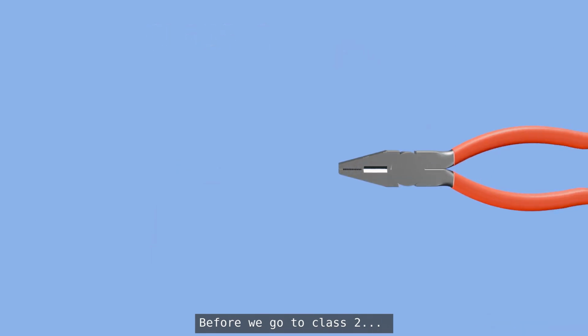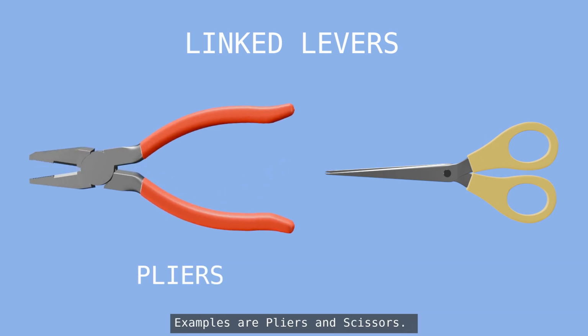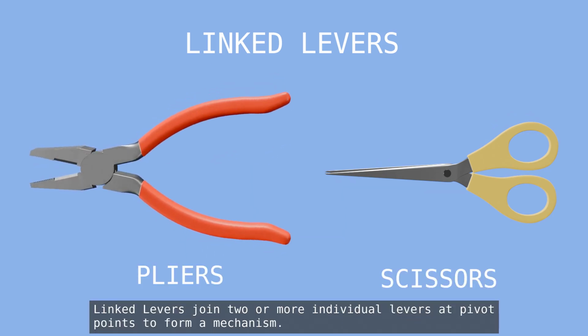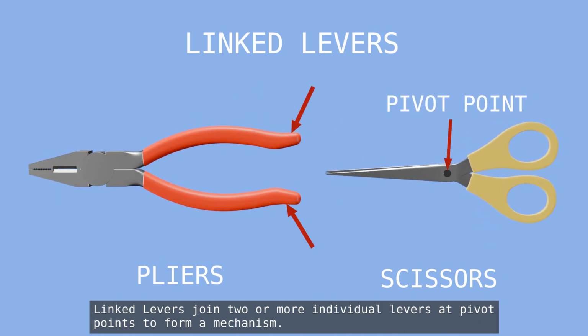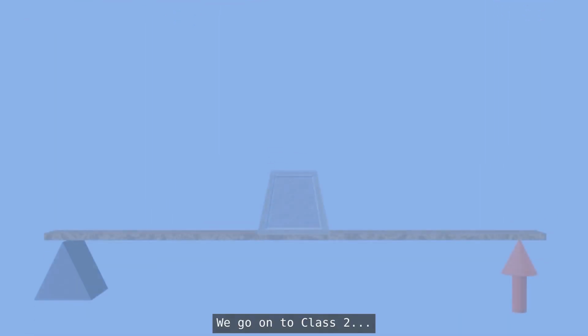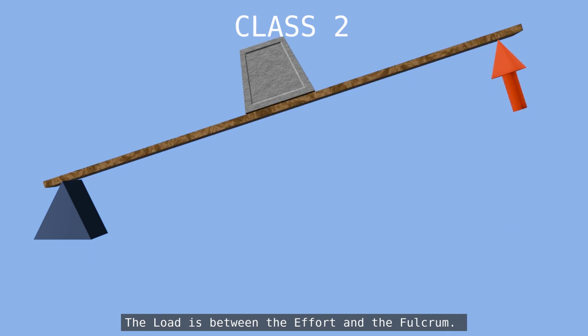Before we go to class 2, it's important to take a brief look at linked levers. Examples are pliers and scissors. Linked levers join two or more individual levers at pivot points to form a mechanism. We go on to class 2. The load is between the effort and the fulcrum.